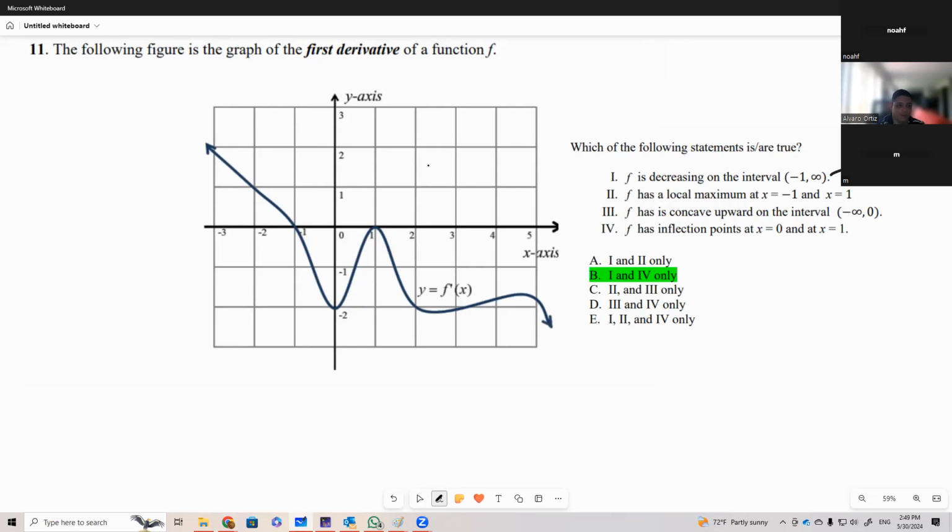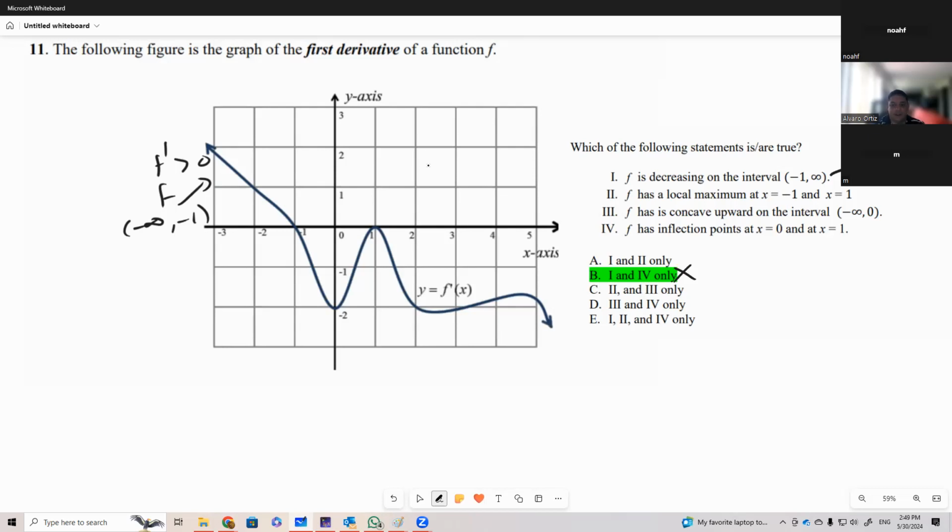Because f prime is positive in this interval, it means that f is increasing, and this is from minus infinity to minus 1. So I think this is wrong, because this is asking which one is true, and this one is not true. So it might be wrong.